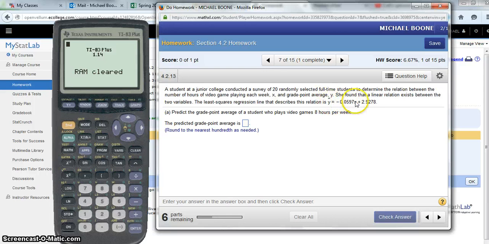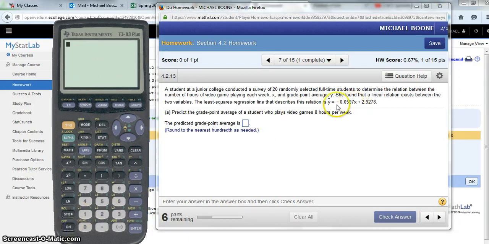So this is our least squares equation, which is our predictor equation. If I wanted to figure out what the prediction of GPA is, I would use this formula, and for X, I'd plug in 8.